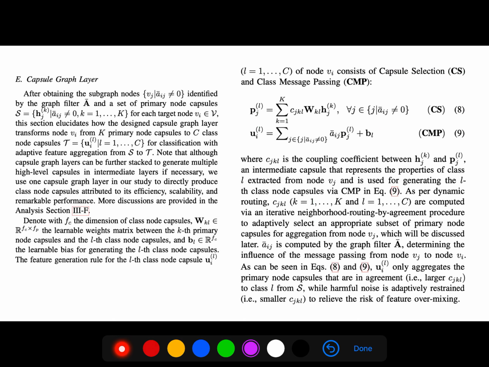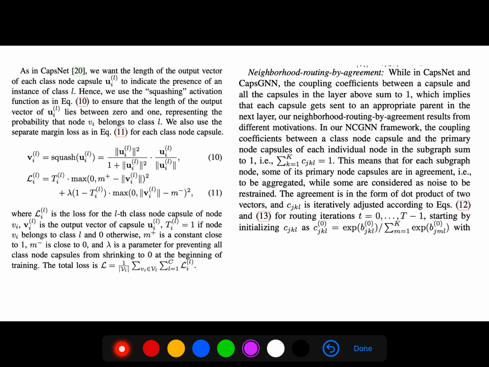F sub C is the dimension of class node capsules. And this W is the learnable weight matrix between the k primary node capsules and the l class node capsules. This c is the coupling between H and P. We want the length of the output vector of each class node capsule to indicate the presence of an instance of class l.